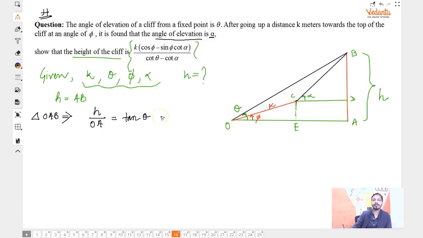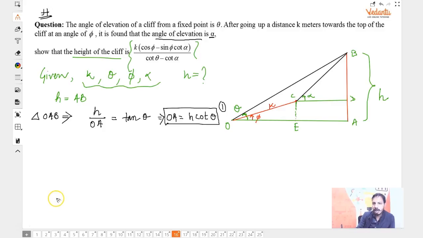I can write this, right? So from here, what can I write? So from here I can write OA is equal to H by tan theta or H cot theta, right? So this is my, say, equation 1.